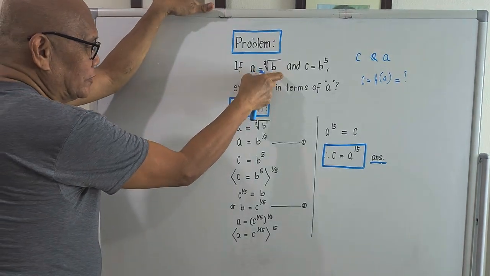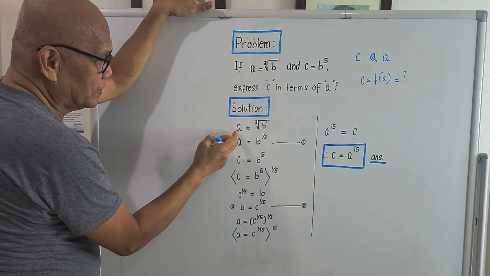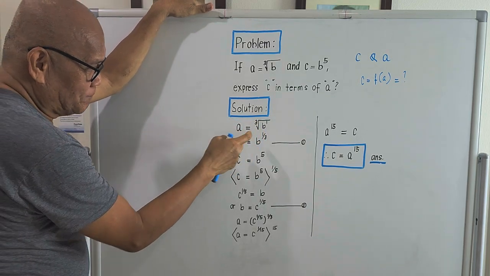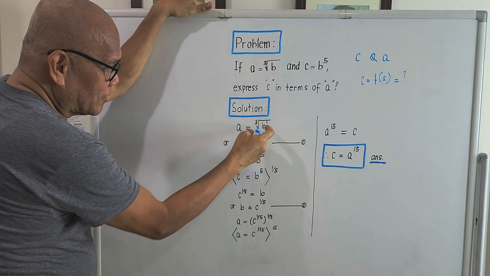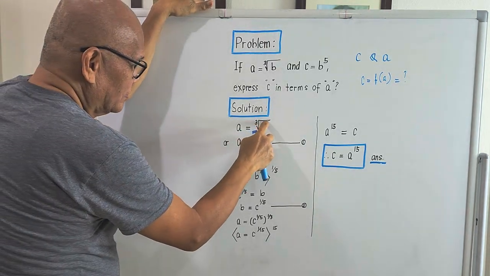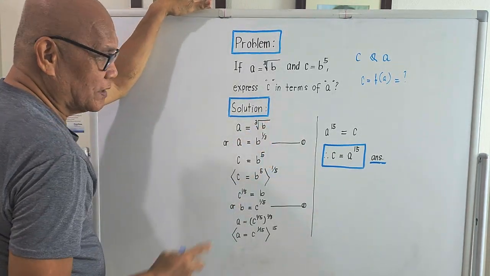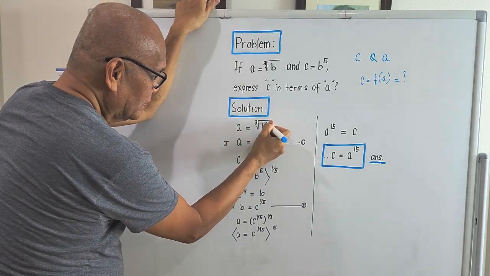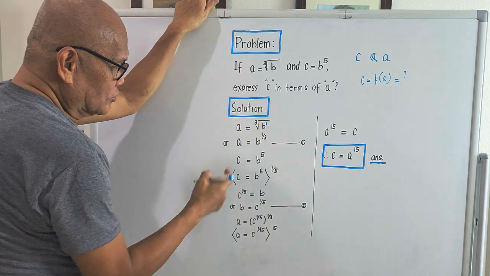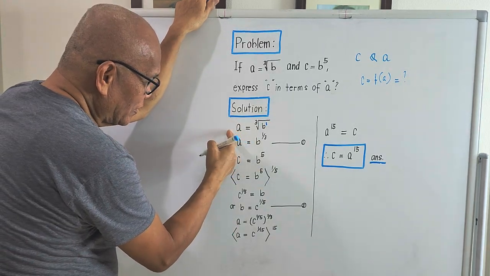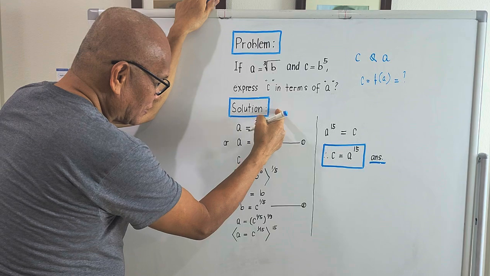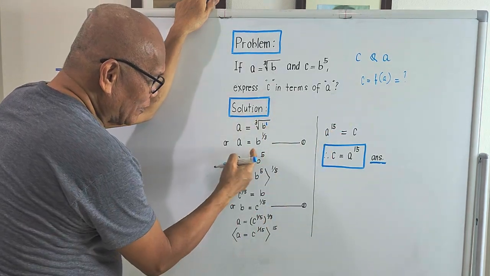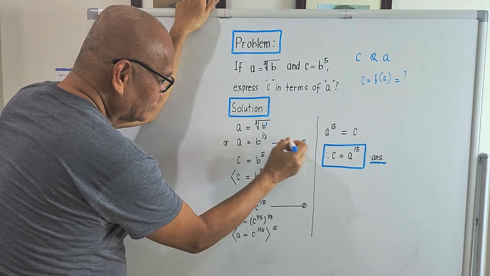We will rewrite this. a is the cube root of b. The exponent of b inside the radical is not written, but it is understood to be 1. If we express a in terms of b without the radical sign by using exponents, a will be equal to b raised to 1/3.